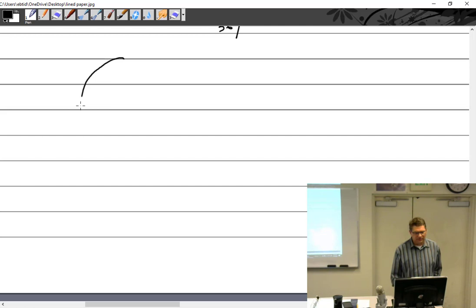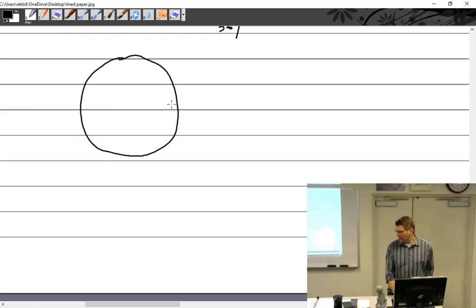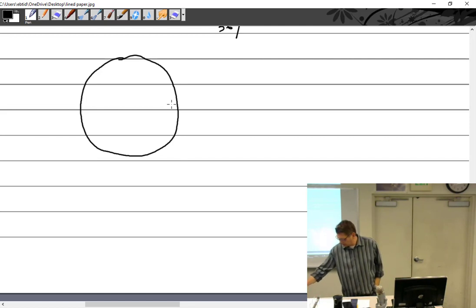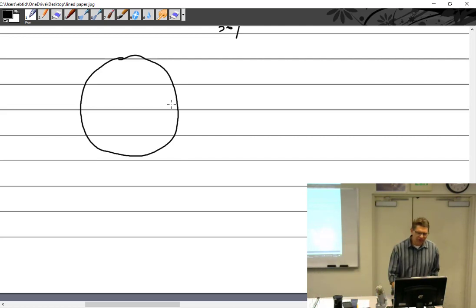All right, so with circles, you have to remember a couple of things. This right here is the center. That's where all the nougat is. This to this is called the radius.